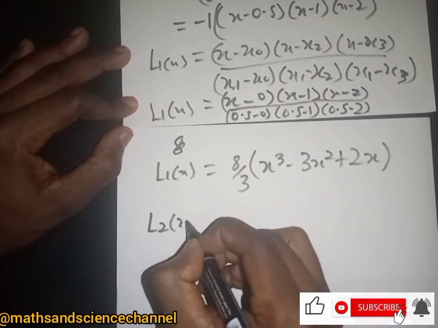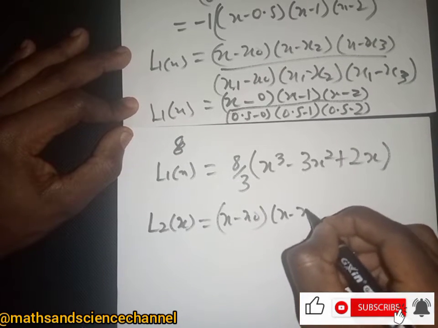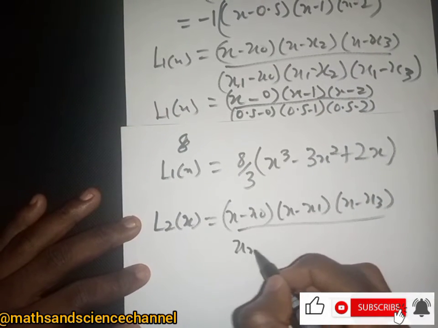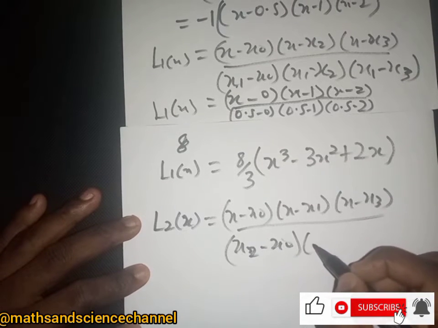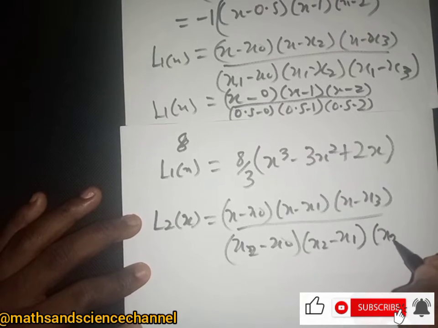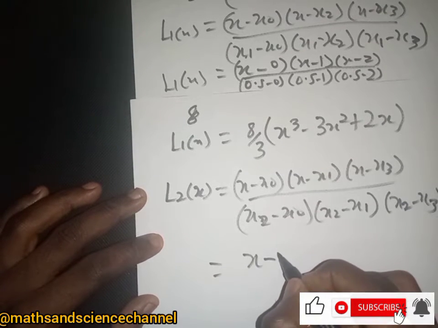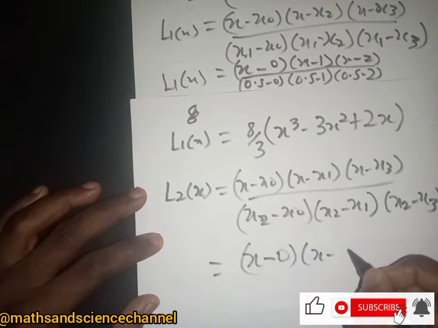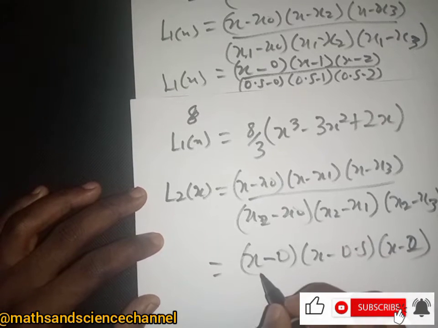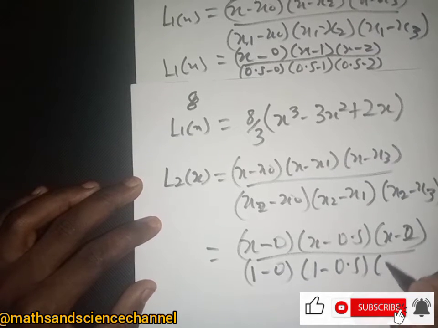Now let's go to l2. l2 of x will just be x minus x0, then x minus x1, then x minus x3, being divided by x2 minus x0, x2 minus x1, then x2 minus x3. So over here we get x minus 0, x minus 0.5, and x minus 2, being divided by 1 minus 0, then 1 minus 0.5, and then 1 minus 2.